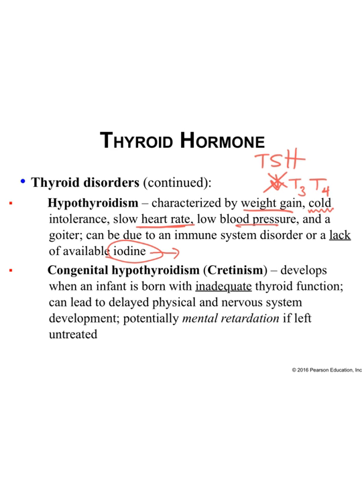The other form of hypothyroidism is in babies. You're born with it, so that's what congenital means. We also call it cretinism. So in the baby, when you don't have enough thyroid hormone being produced, it affects the normal development, remember, of nervous, skeletal, and muscular systems.